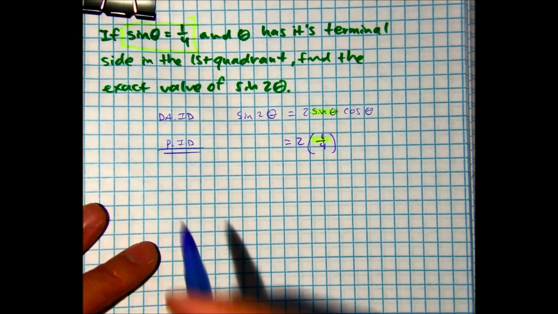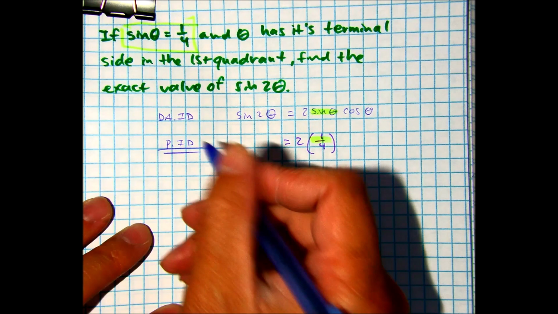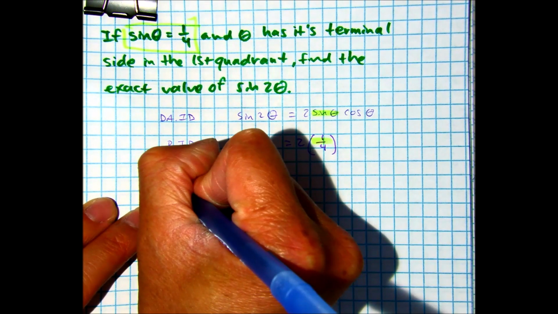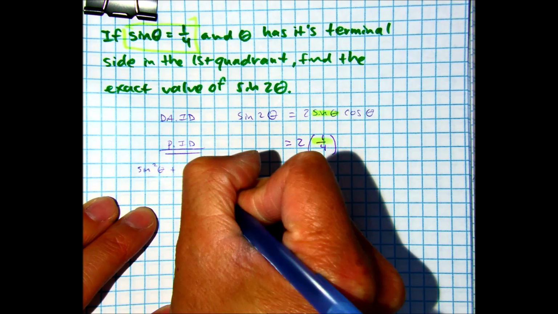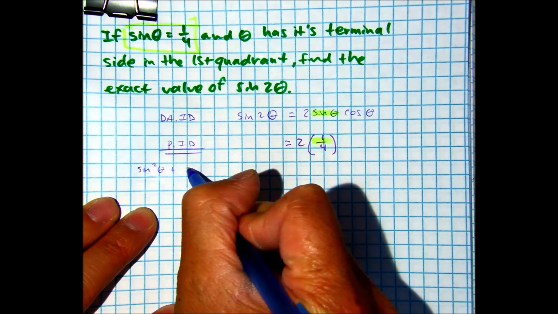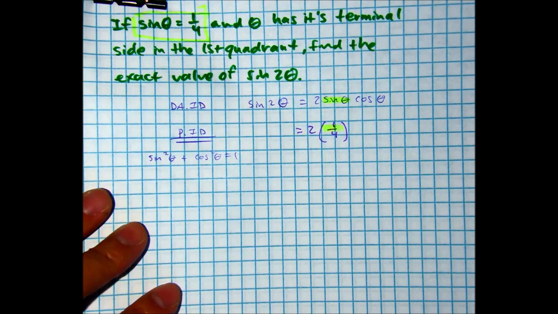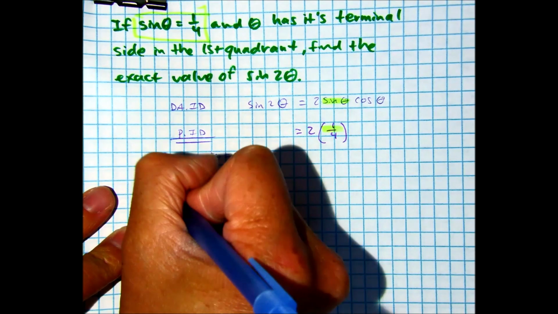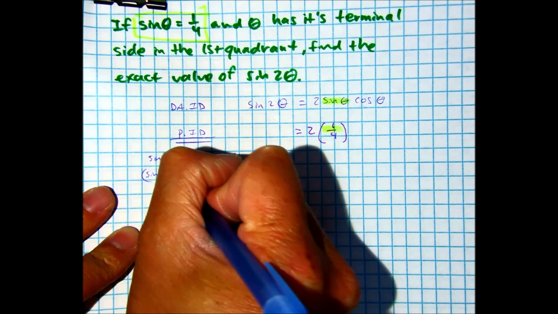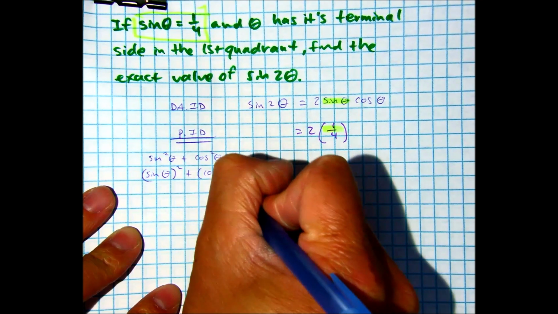Which one has sine and cosine in it? Sine squared theta plus cosine squared theta equals 1. Remember that sine squared theta is the same thing as sine theta squared, and cosine squared theta is cosine theta squared.